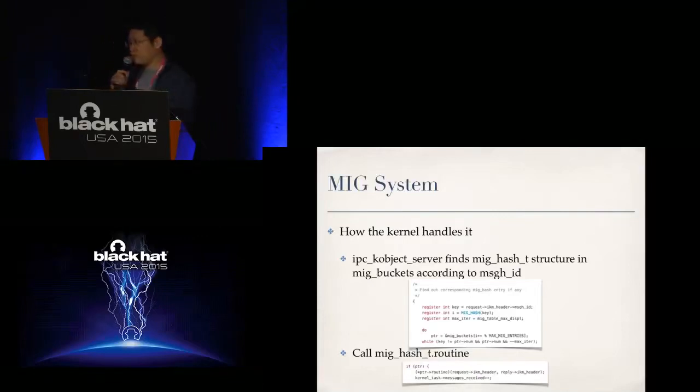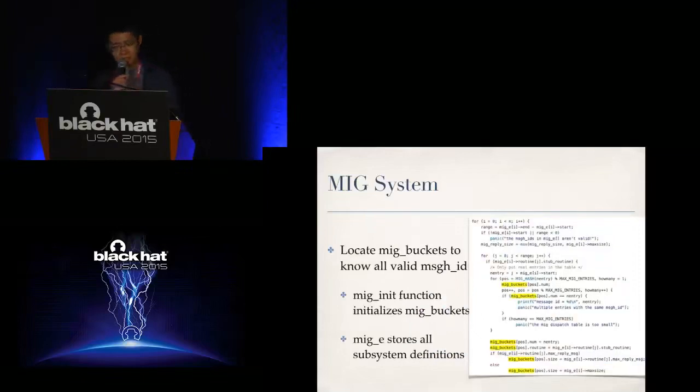So if you want to know all the functions, you need to locate the MIG buckets. If you look in the XNU source, you will see this data is initialized in the mig_init function, and in mig_init it just reads all the data from the mig_e variable and stores it into these MIG buckets.